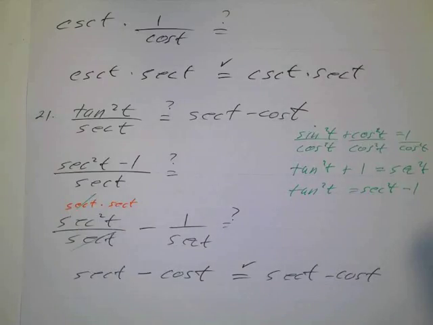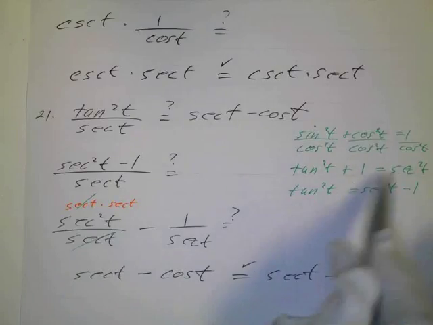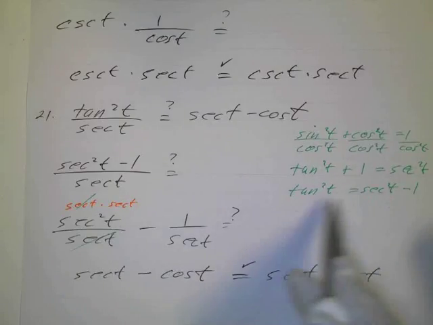Try to see where you can substitute, and then you don't have to do all this deriving. You would probably just start with this identity, solve it for tangent, and then put that in, and it all falls in place. So that's number 21. But there are other ways to do it. Like I say, you could put both sides in terms of sine and cosine, and that would also work.